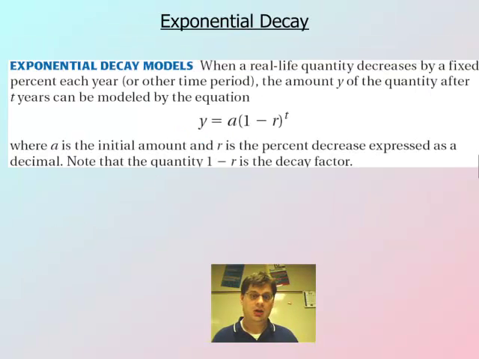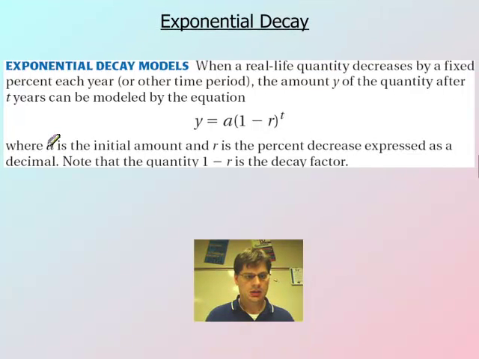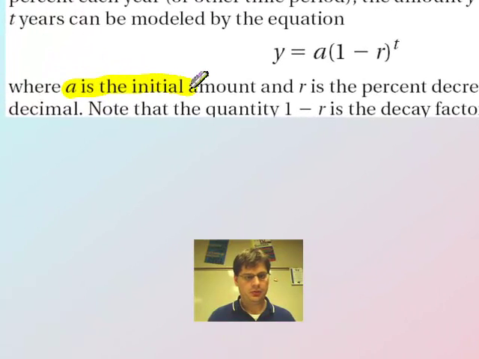The other thing I want to talk about is what the exponential decay model is. So basically, if something is going to be decreasing by a certain percentage each year, we can model that with this exponential decay equation, where it's y equals a(1 minus r) to the t power, where again, our a value is the initial amount, but this could be anything.